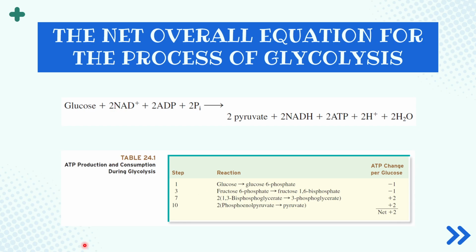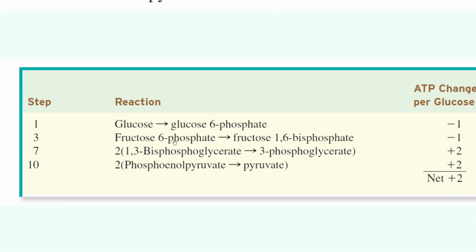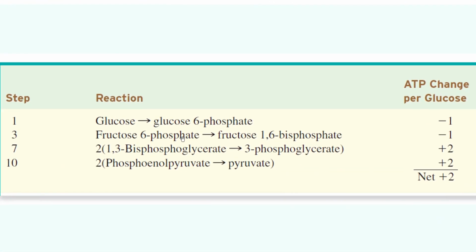So, we will focus now on the table below for us to know how many ATPs were created in glycolysis alone. So, remember that in your first stage, which involves your step 1 and 3, diba, energy consumption. So, that is why -1 ito, kids, kasi gumamit pa tayo ng ATP.